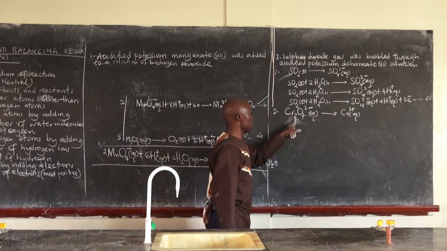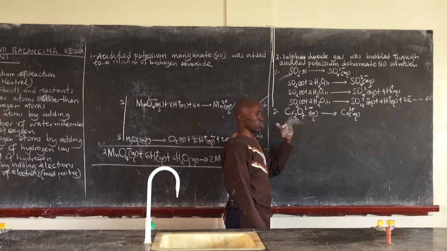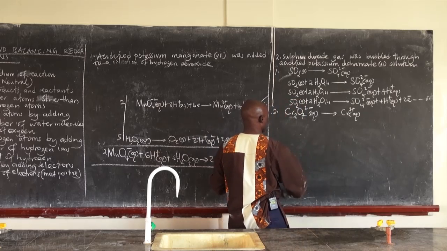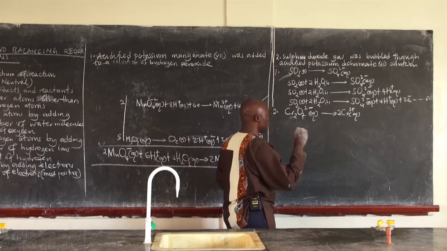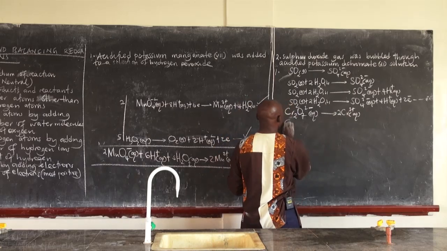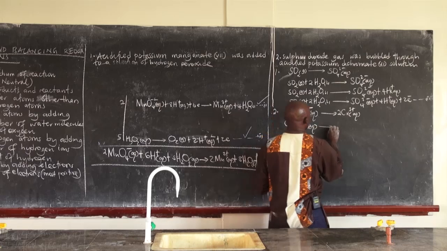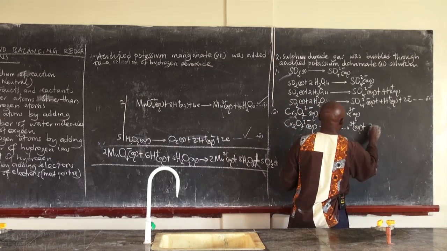Chromium atoms are not balanced, so I need to multiply by 2, since chromium is not part of oxygen or hydrogen. So I multiply this side by 2 to balance chromium atoms, then introduce 7 water molecules on the other side to balance oxygen atoms. So I get 2 chromium ions plus 7 water molecules.